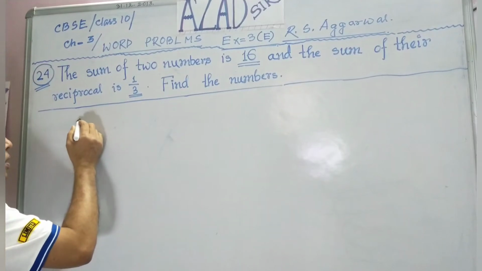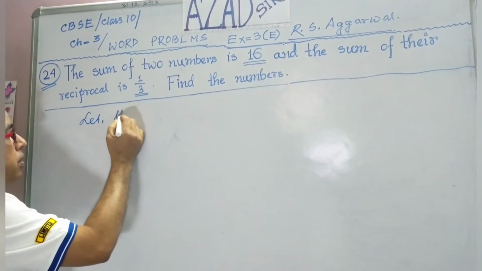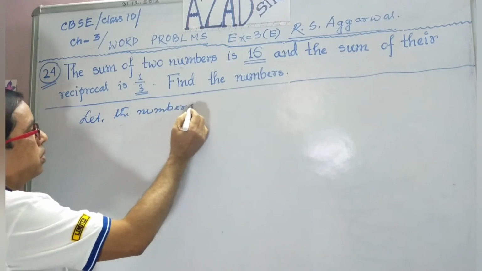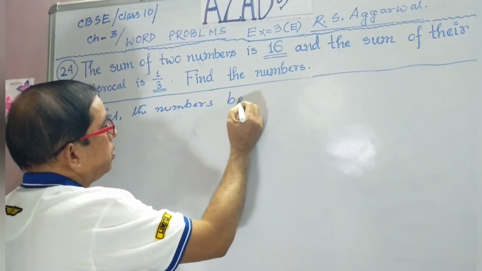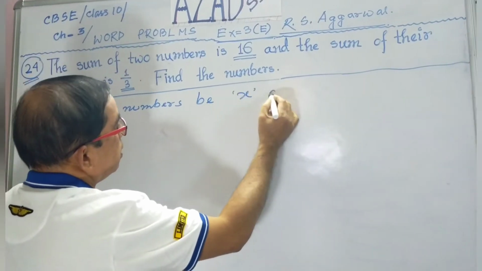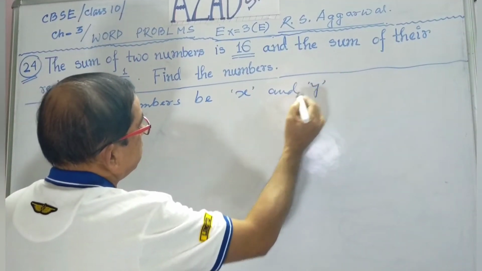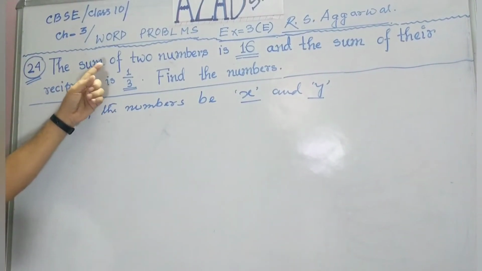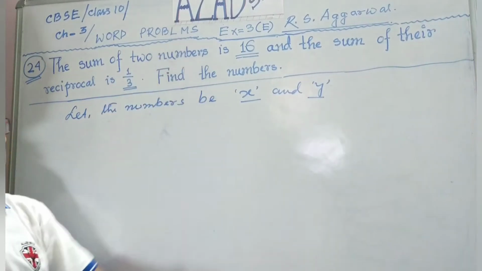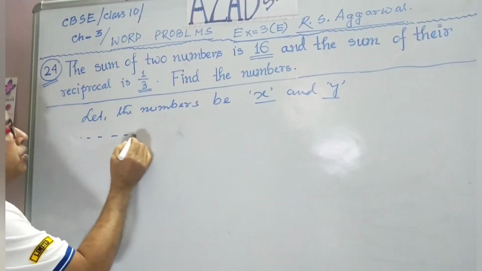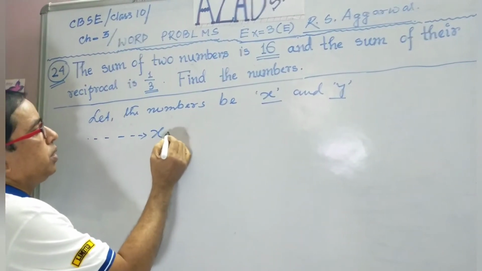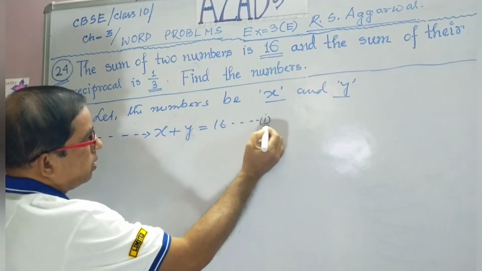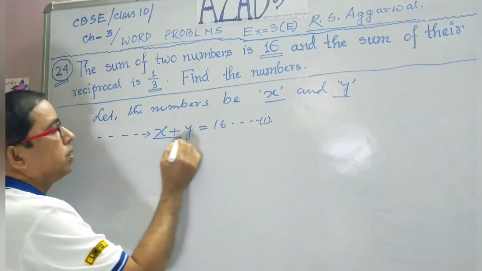So let the numbers be x and y. The first condition is the sum of two numbers is 16. So according to first condition, you have to write sum means x plus y equal to 16. This is equation 1. We have taken as equation 1.